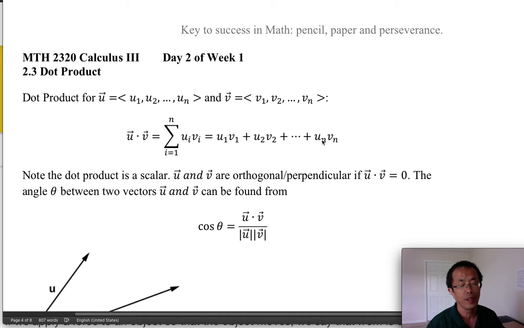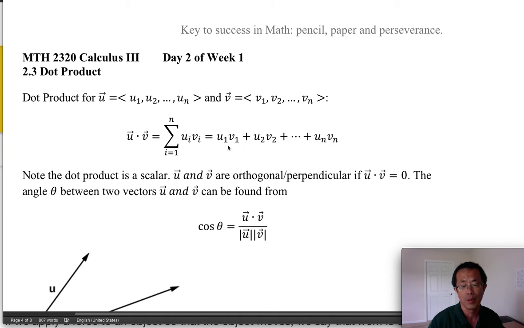The one thing worth noting is that, unlike the operations we covered before, the scalar multiplication and vector addition, which generate new vectors, the dot product is generating a scalar quantity. The dot product is a scalar quantity.